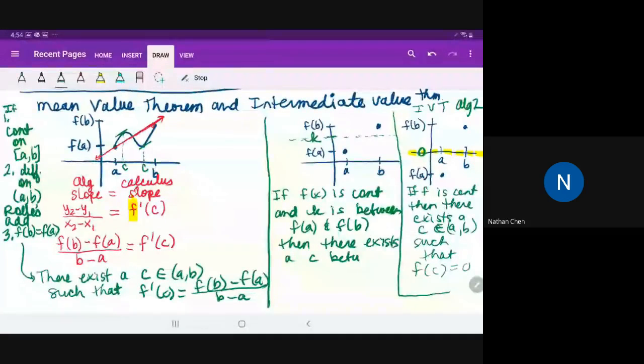There is a C in A and B such that f of C equals K. So you must hit every single value between f of A and f of B.